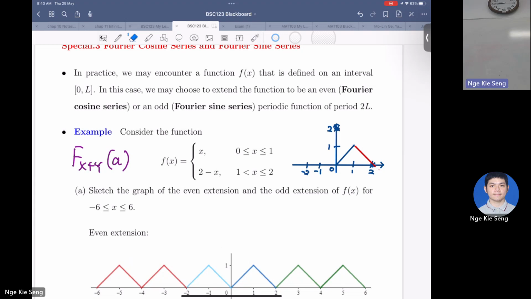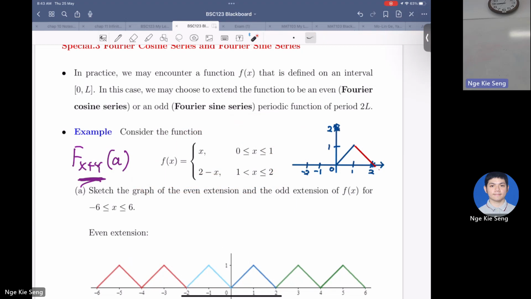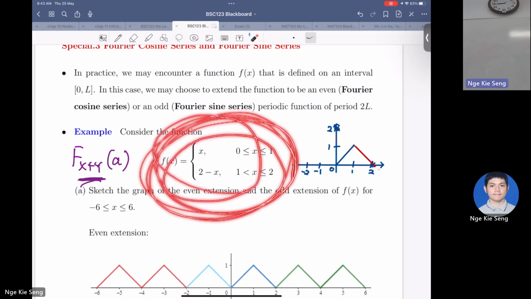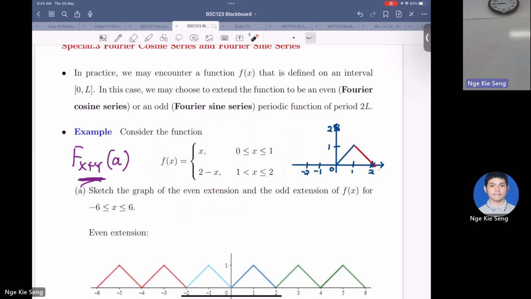Not convolution. I mean, what's this? X plus y. Oh, joint distribution. Joint distribution. Right, so you met this kind of function before. Oh, I saw it in your textbook, your friend showed me.